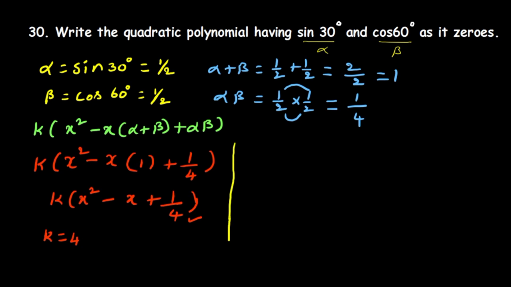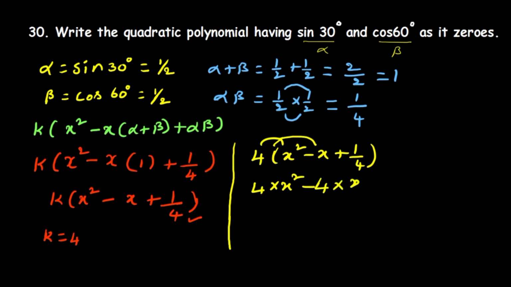So 4 into x square minus 4 into x plus 4 into 1 by 4. Now 4 gets cancelled here, so we have 4x square minus 4x plus 1. So this is the required answer for this question.